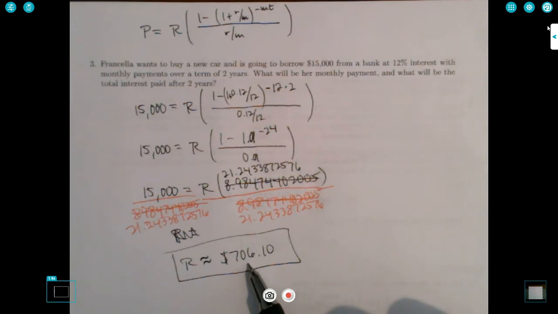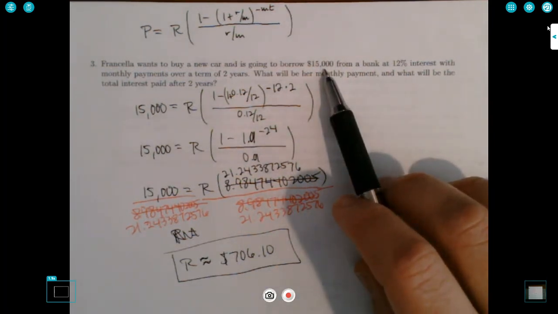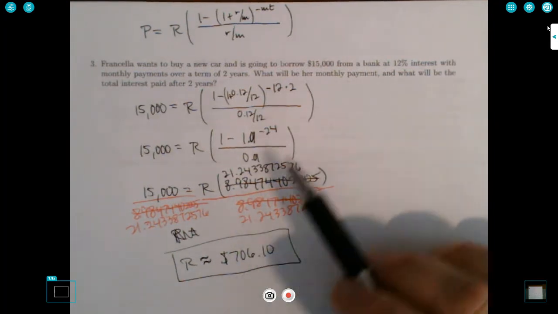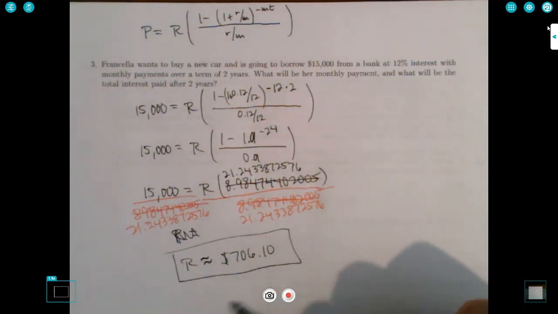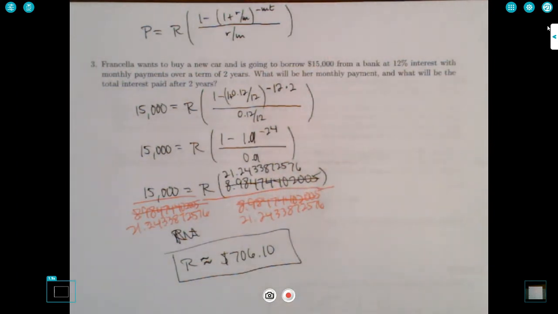So 706.10 times 12 times 2 will give you the total amount of money she pays. Now, she only borrowed $15,000 to begin with. So if she ends up paying like $17,000 something, then that means the interest was like $2,000, right? So you would do whatever the total amount she pays minus the amount that she borrowed. That's the amount of interest that she paid.